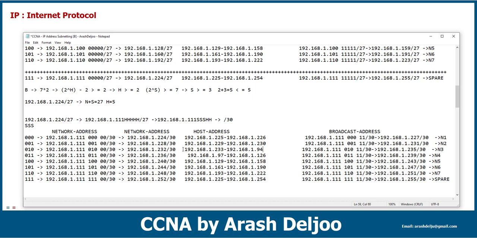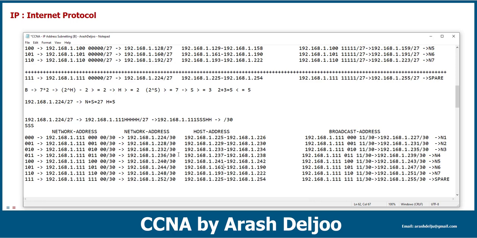After that, here we have 234. In the next networks, we have 237 to 238. Okay, 238, that's it. And after that, in the next networks, we have 240, for example, 1 to 242. This is only calculation.